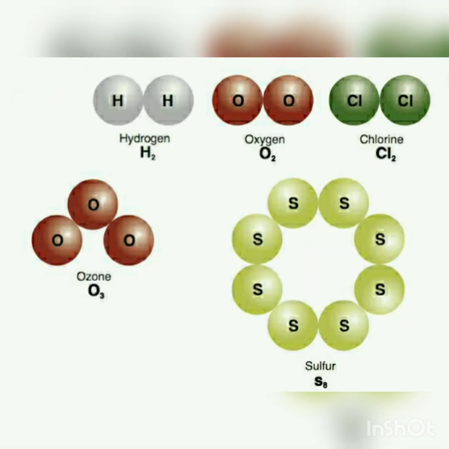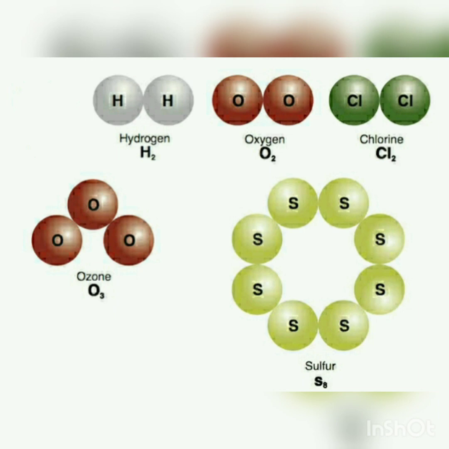When we talk of hydrogen gas, its molecular formula is H2, which means two atoms of hydrogen are chemically bonded together. Similarly, oxygen's molecular formula is O2, which means two atoms of oxygen are chemically bonded together.